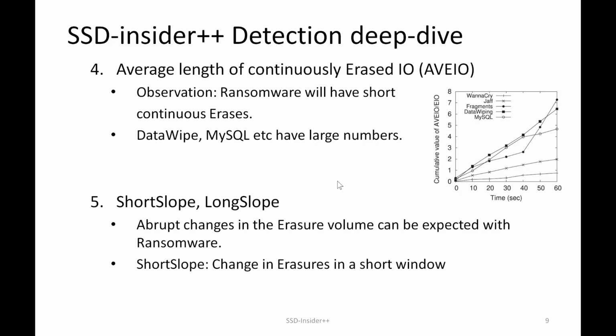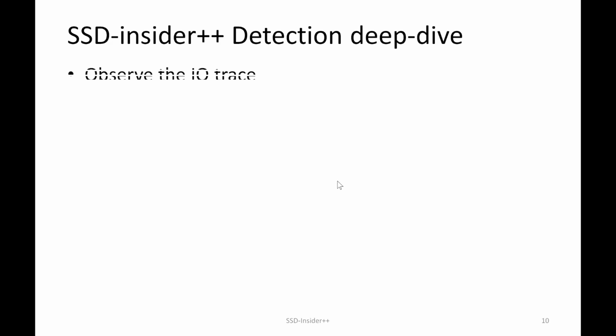Short slope will make a note of these changes in the erasures in a short window of, let's say, 1 second, and long slope will try to identify the changes in the erasures over a longer time window, like 10 seconds or 15 seconds. So with these 6 features, the authors propose to detect a ransomware.